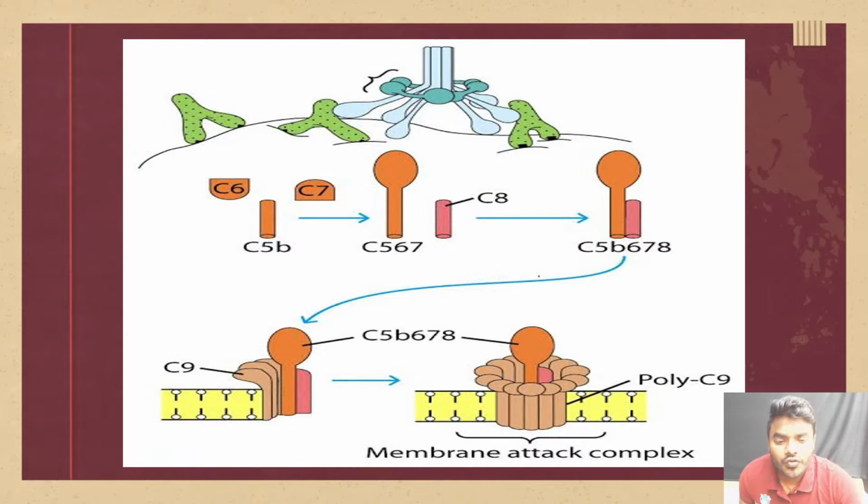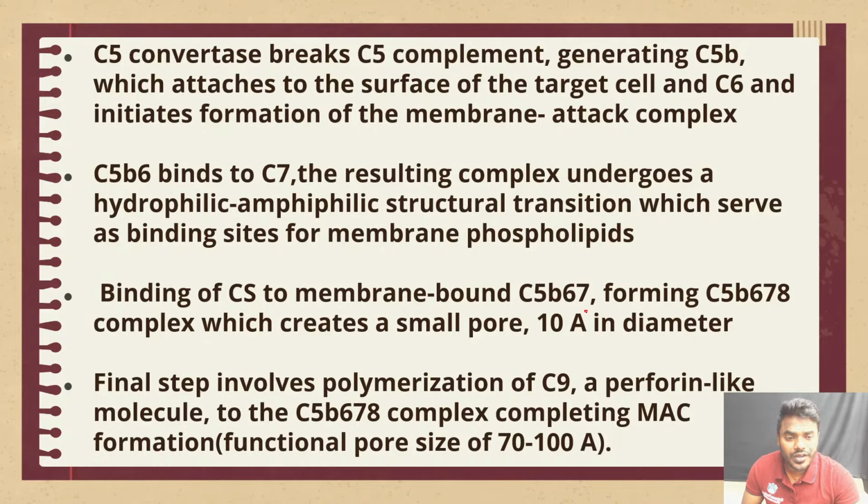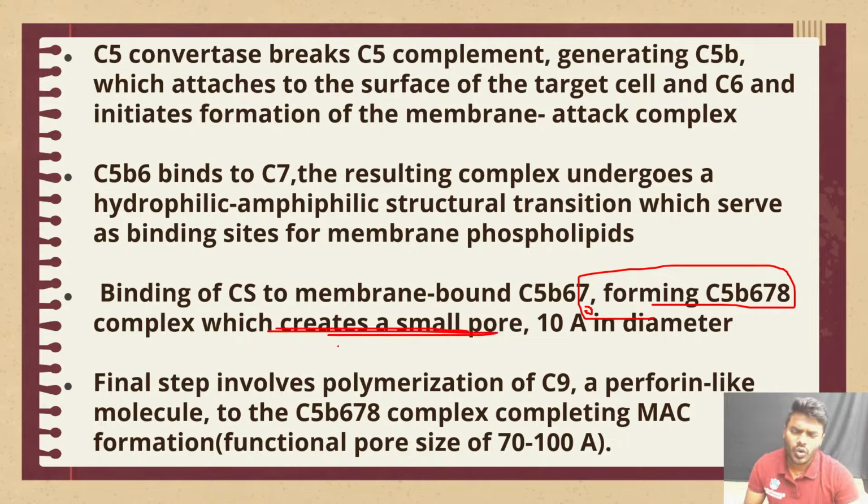If you want to form an active MAC complex, C5B678 is not sufficient. What will be the reason? You only look into the diagram. C5B67 can form only a small pore, hardly, friends, 10 angstrom in diameter.